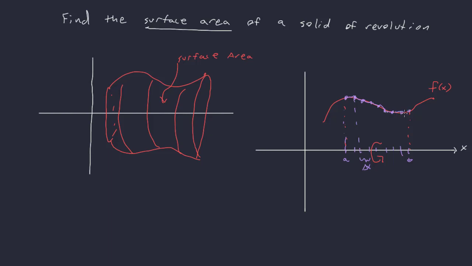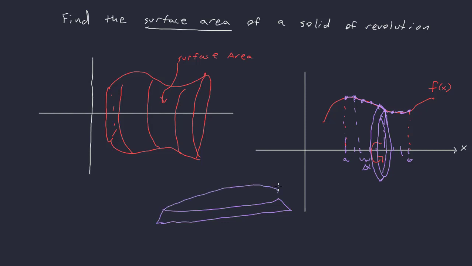just like before, but now with each line, instead of calculating the length, what we do is we revolve that line around the axis, and we get a shape kind of like this.